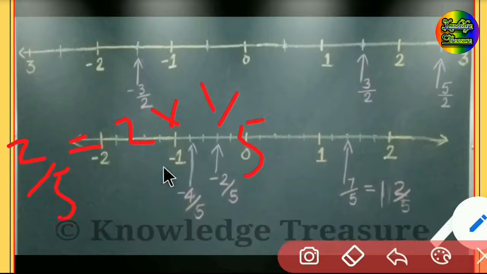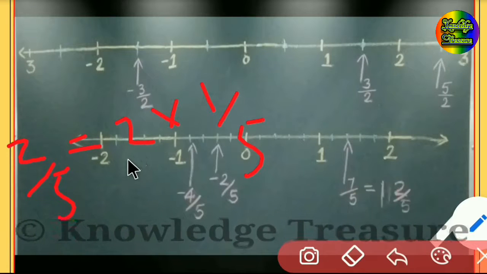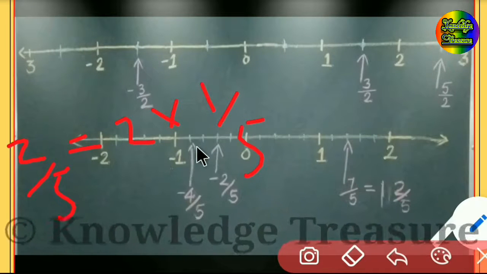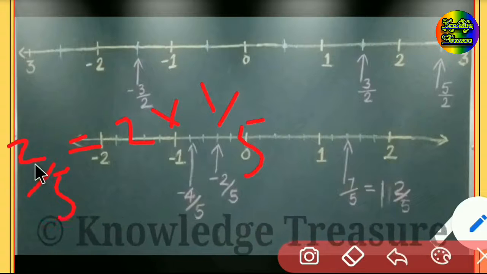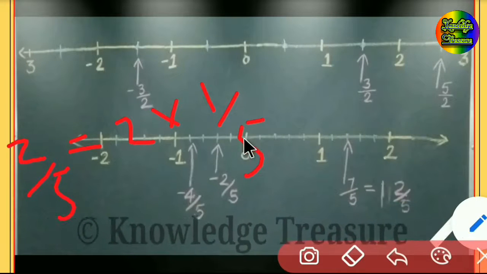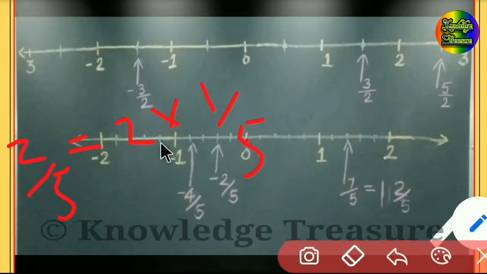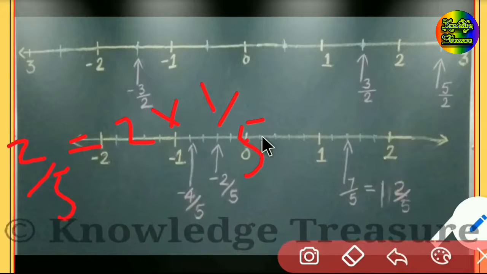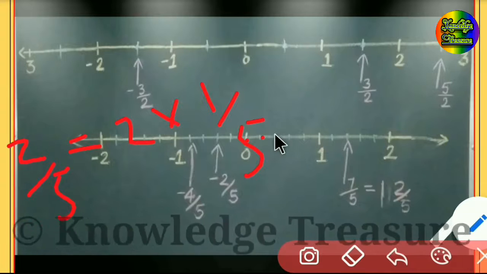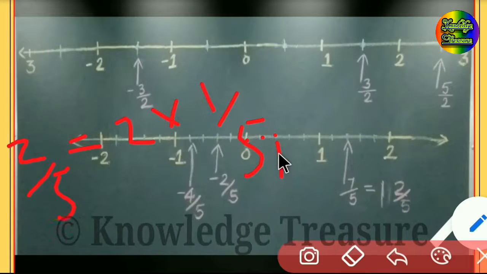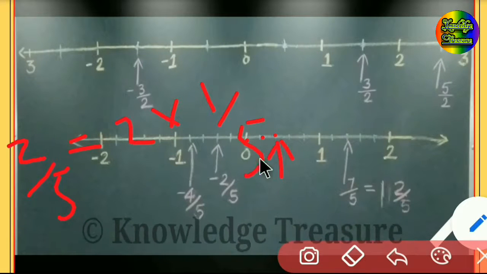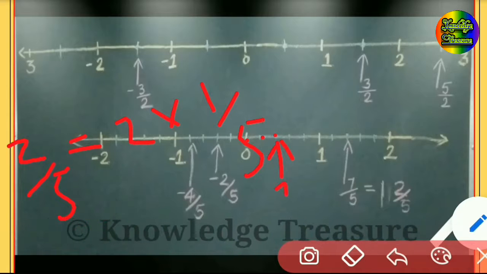That means after 0, you want 2 subunits. If you see here, 0 is here. From 0, you have to count 2 subunits. 2 points. 1, 2. This will give you the number 2 upon 5.